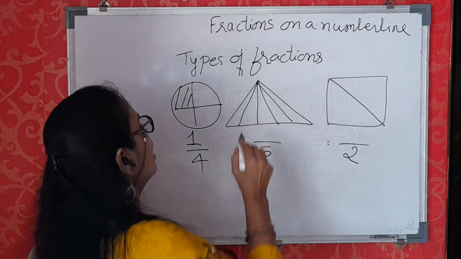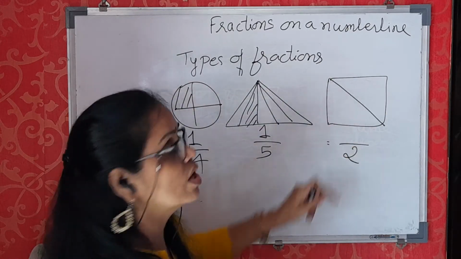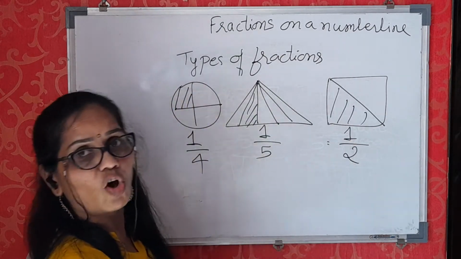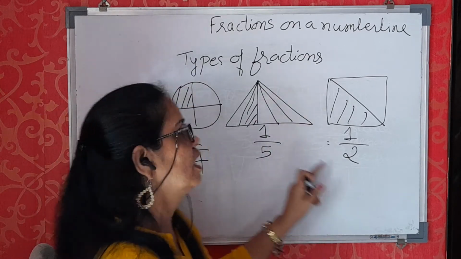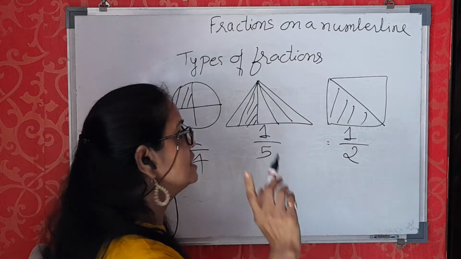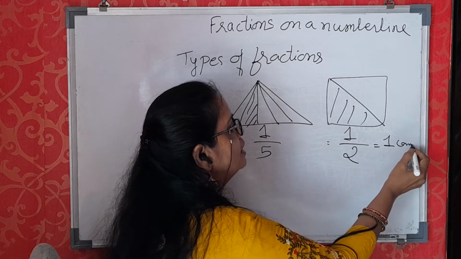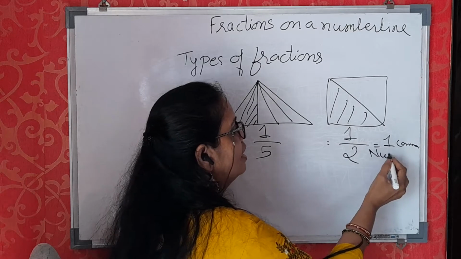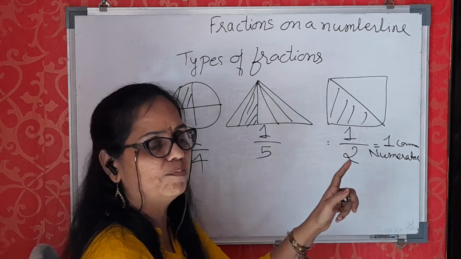Here out of 5 also I am shading 1. Here out of 2 also I am shading 1. Now what is common in this? Yes, here denominators are different, but your numerator is the same, and that is 1. 1 is the common numerator.